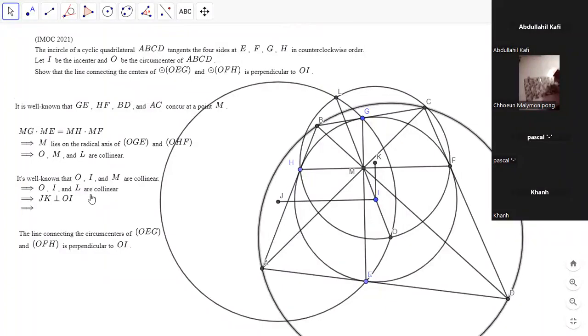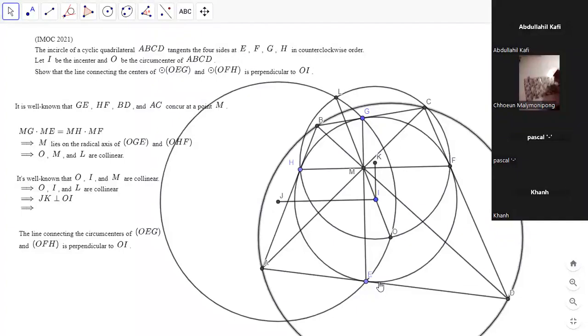By Brocard on the incircle, we have OI perpendicular to that line. So we use Brocard's theorem: OI is perpendicular to the line connecting these two intersection points, and then we use it on the incircle.